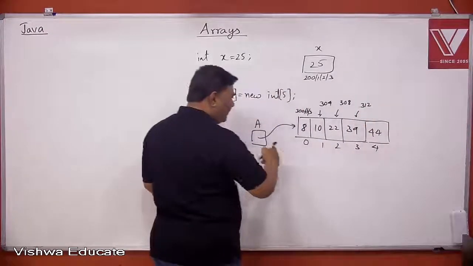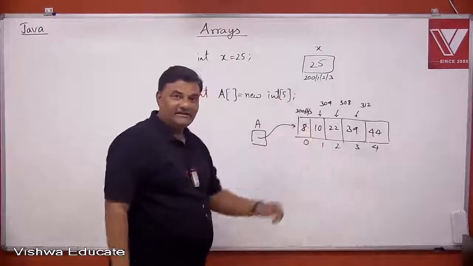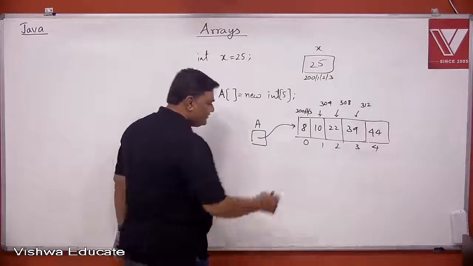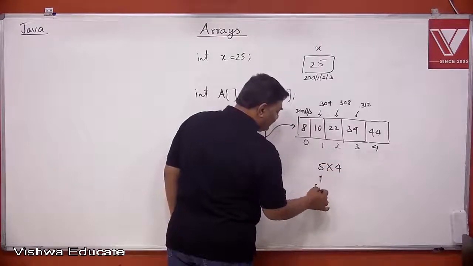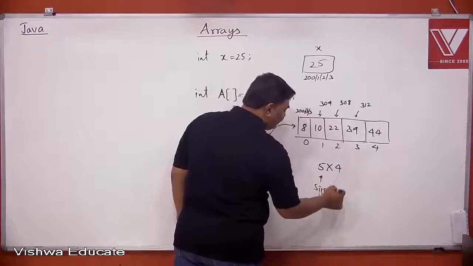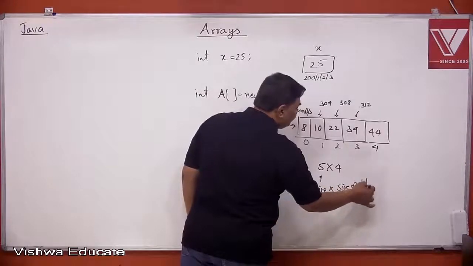It means all these bytes are side by side. Total how much memory is it consuming? 5 into 4 bytes each. This is the size of the array and this is the size of the data type.